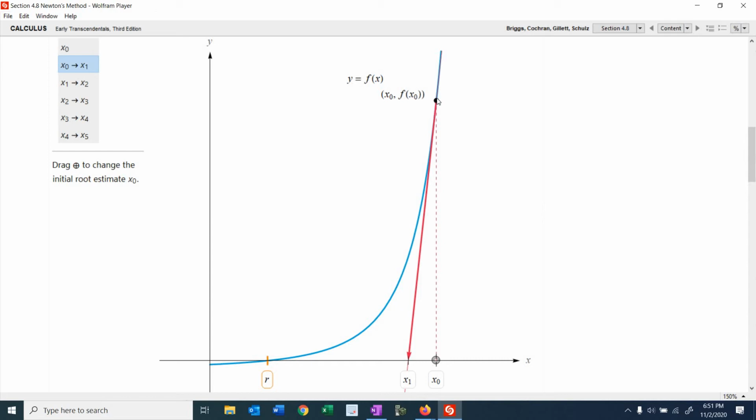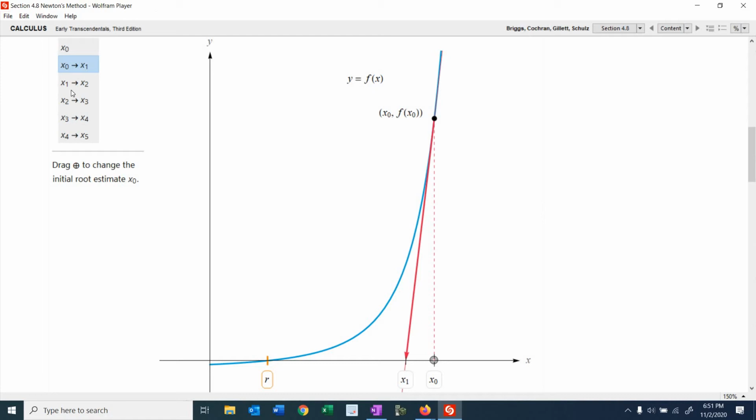What we're going to do is draw a tangent line at that particular point, which would be this red line. And we're going to see where that tangent line intercepts the x-axis. Wherever it intercepts the x-axis, we're going to label that as x sub 1. Now notice that x sub 1 is a better approximation than x sub 0, which was our initial guess.